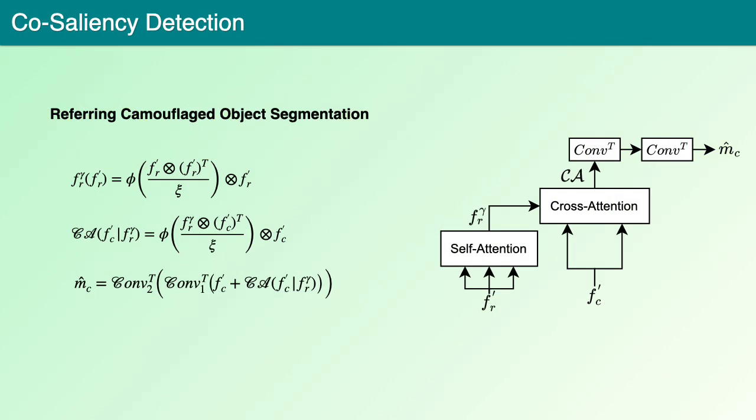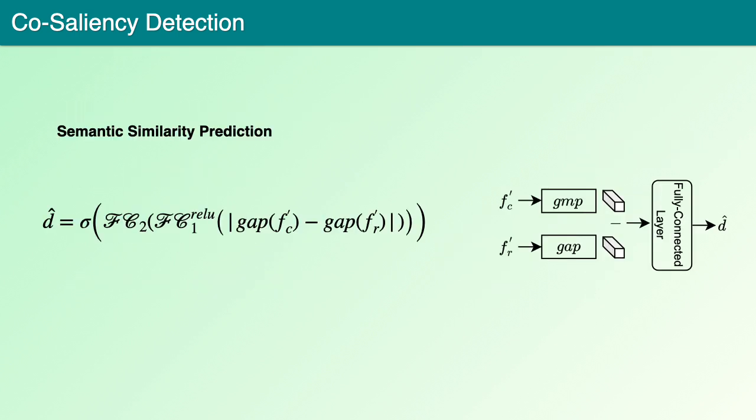These attended features are then passed through two modules to segment the object and predict the similarity respectively. Firstly, these two feature representations are passed through a combination of self-attention and cross-attention to yield the segmentation mask. Simultaneously, those two representations are passed through a prediction module to receive the probability value, which identifies whether the objects in both the branches are the same or not.